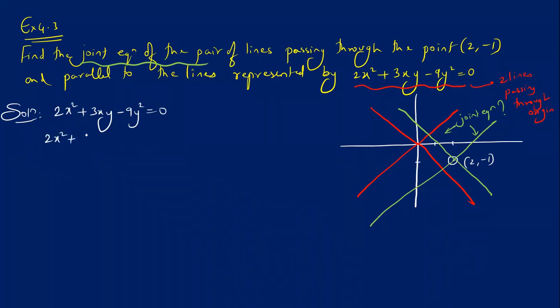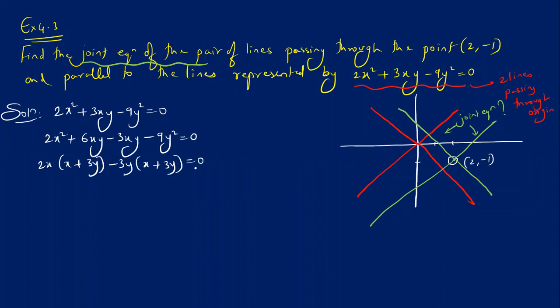So 2x² + 6xy - 3xy - 9y². Taking common 2x(x + 3y) - 3y(x + 3y) = 0. So I get (x + 3y)(2x - 3y) = 0.